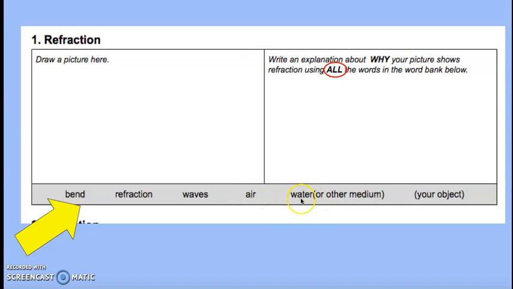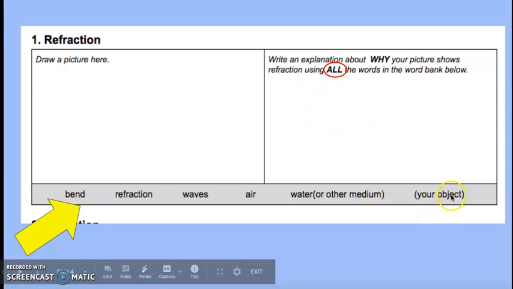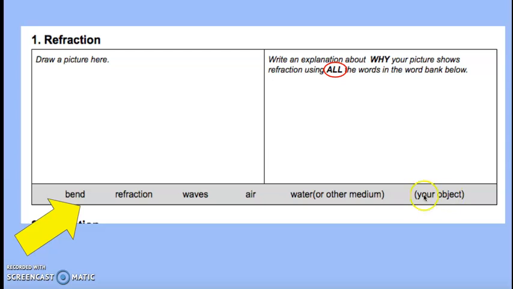If you did air and water, that is okay, but you have to use those words here. And your object, what is your object going through when it goes through air and water? Remember, you cannot use a ruler, okay? Pause the video, draw your picture, and write your explanation. Press play when you're ready to go on.